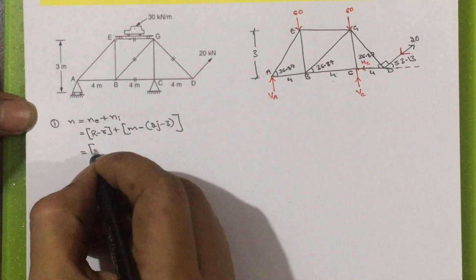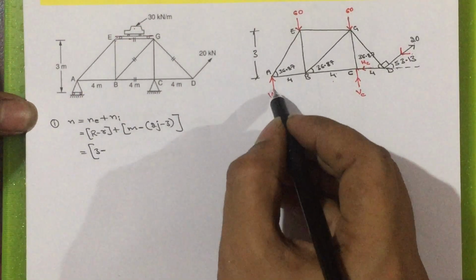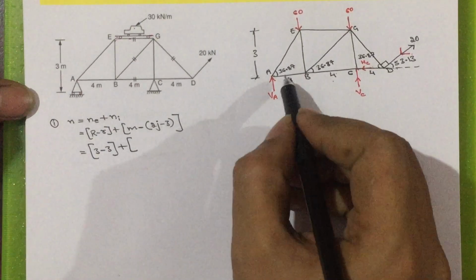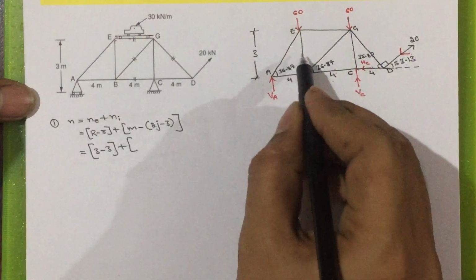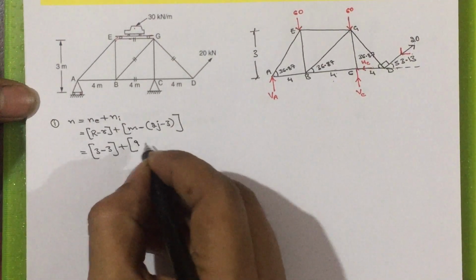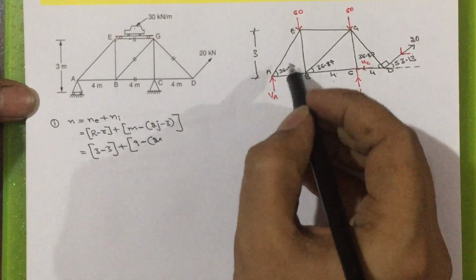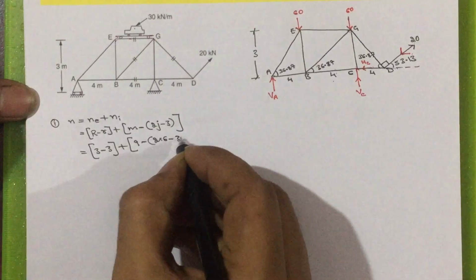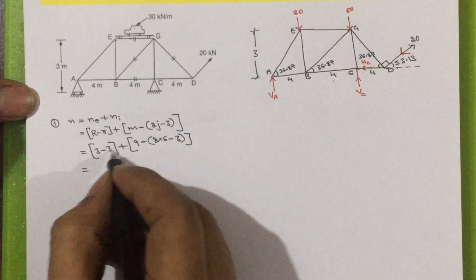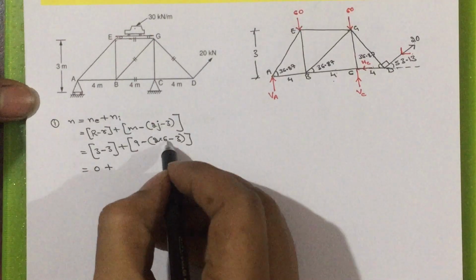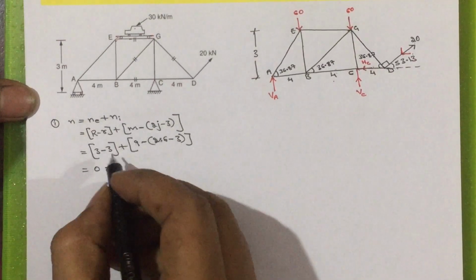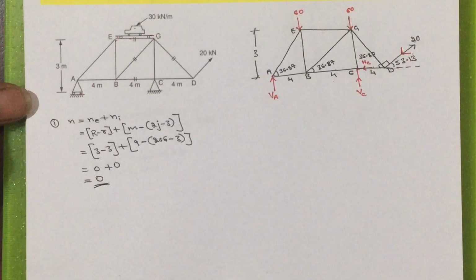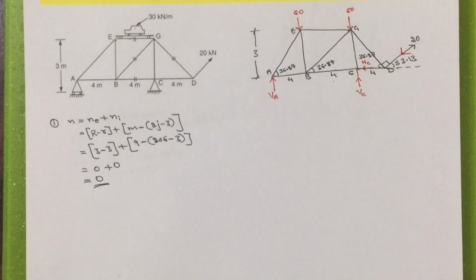So, the number of equilibrium equations is 3, number of unknown reactions are 1, 2, 3, plus number of members are 1, 2, 3, 4, 5, 6, 7, 8, 9, minus 2 into number of joints, 1, 2, 3, 4, 5, 6, minus 3. So, you are going to get 3 minus 3 is 0, plus 2 into 6 is 12, 12 minus 3 is 9. So, 9 minus 9 it will be 0. That is equal to 0, which indicates it is statically determinate.